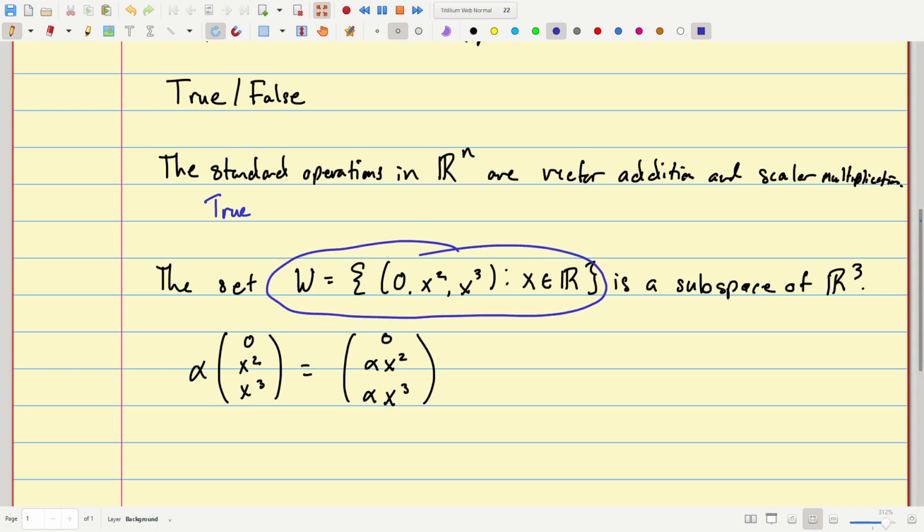What does our subspace say has to be true? The number in the second entry has to be some number squared, and the entry in the third space has to be that number cubed.